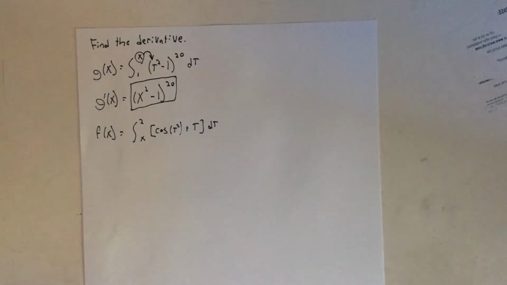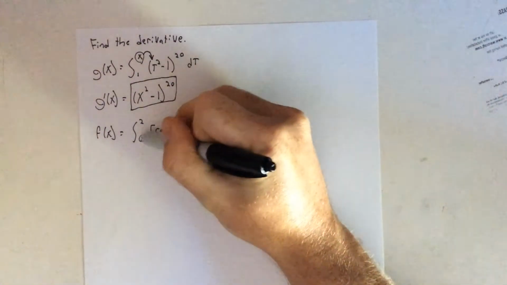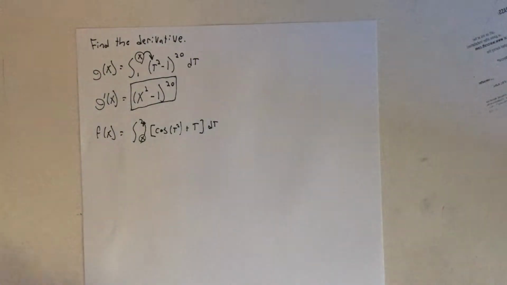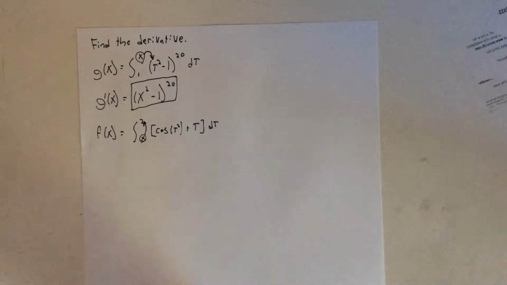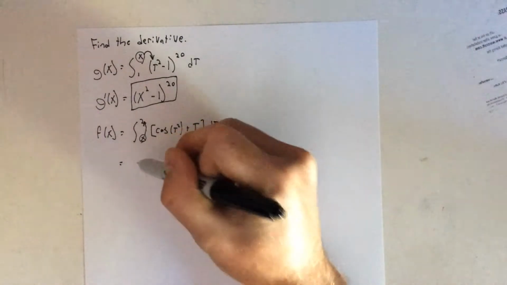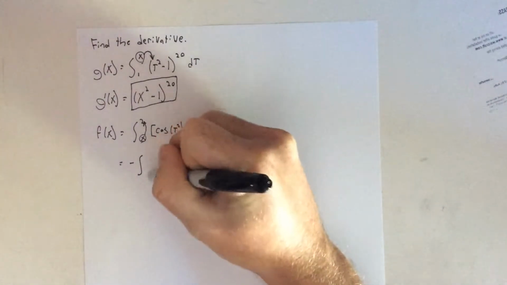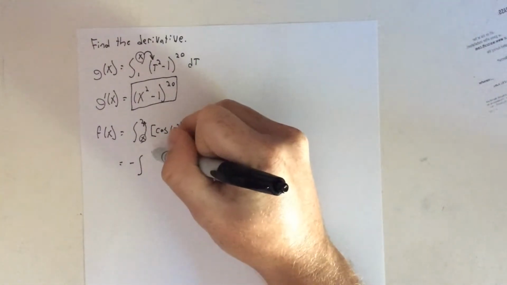Boom, 3 points. Alright, the next one is a little bit more tricky because the x is down here, and we need to get it up here in order to plug it in. And the way we do that is just pop a negative out front, and then we can switch the limits.